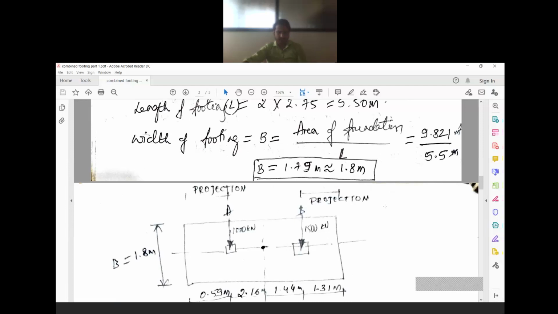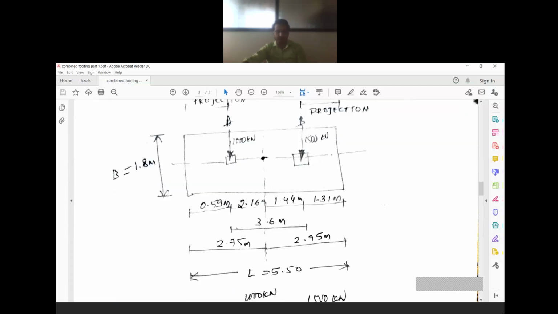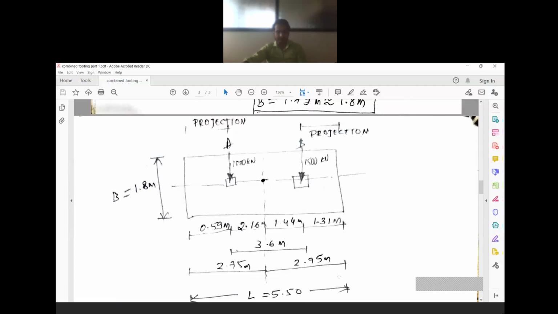So this is the diagram which indicates the dimensions of the foundation. See, we have length 5.5 meter, width B 1.8 meter. We have projection length from A 0.59 meter, which is given. From this column to the resultant, it is 2.16.